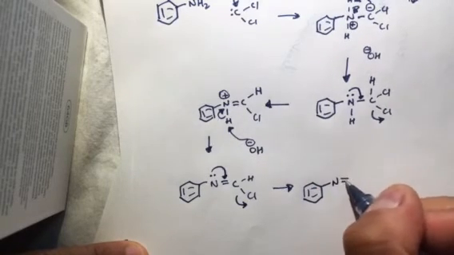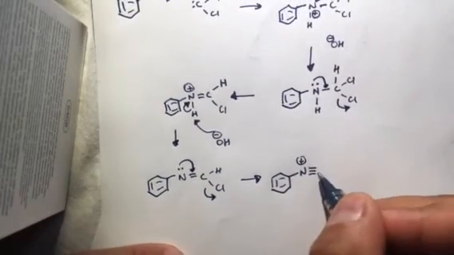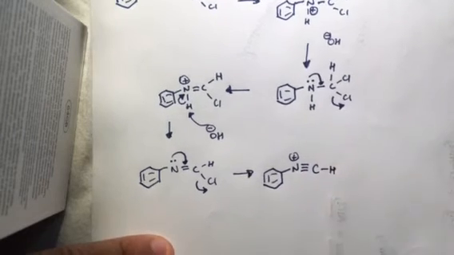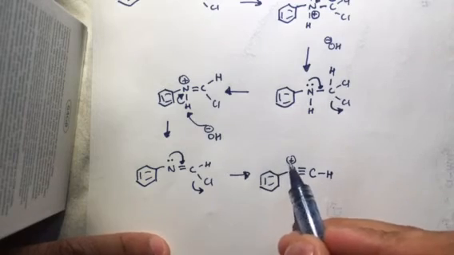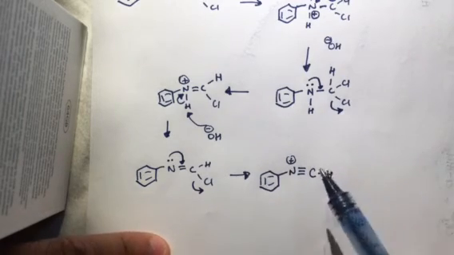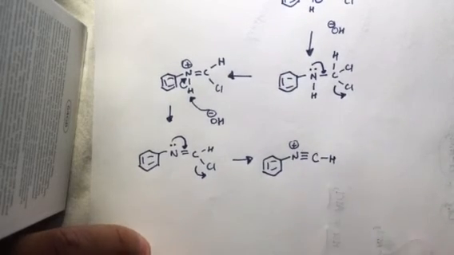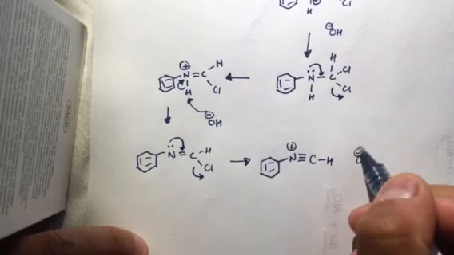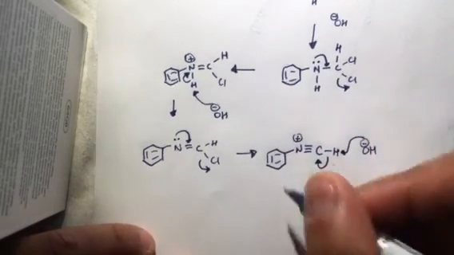Now our nitrogen has 4 bonds, positive charge. Carbon still has an H. However, this is not stable. You can't have a positive charge and not have a negative charge anyway. This is not a stable complex. So we want to make it neutral. Just to show that, we will show the OH minus picking up the hydrogen, giving this a negative charge.